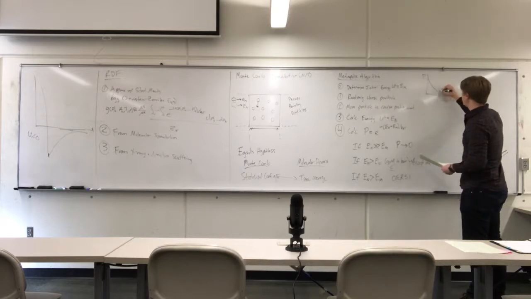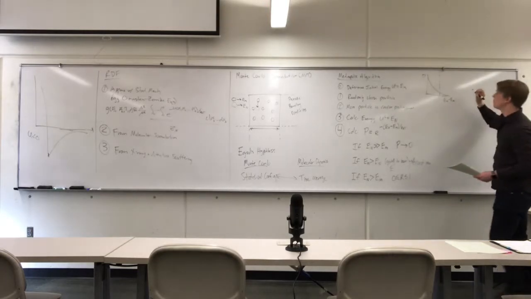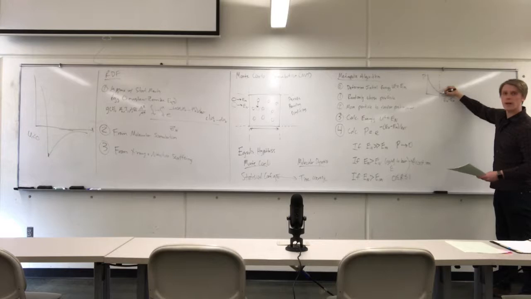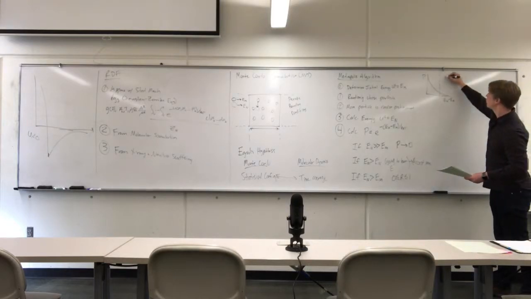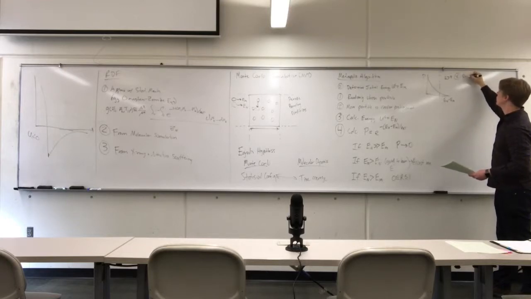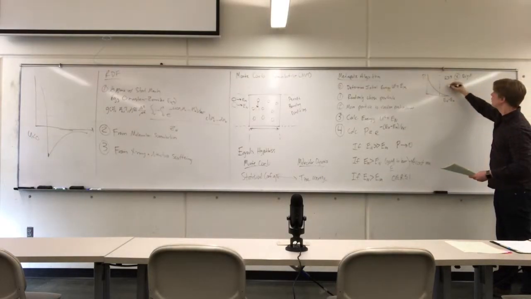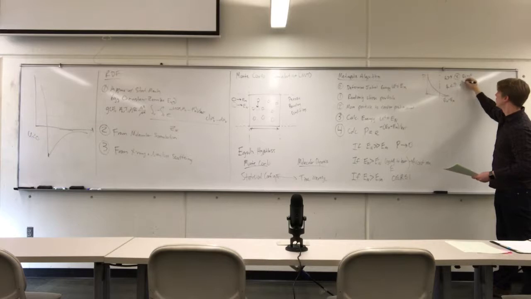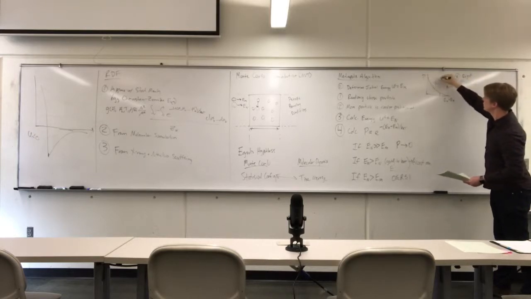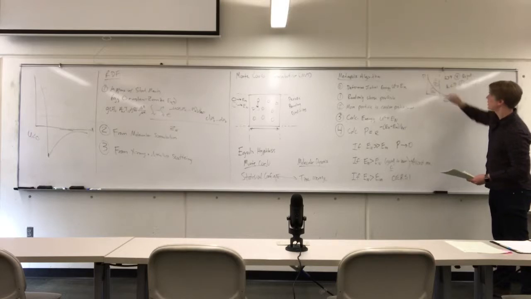So for any given criteria, we're going to choose a random number. If the random number is greater than the probability, we reject the move. If the random number is lower than the probability, we accept the move. So this is rejected, this is accepted.